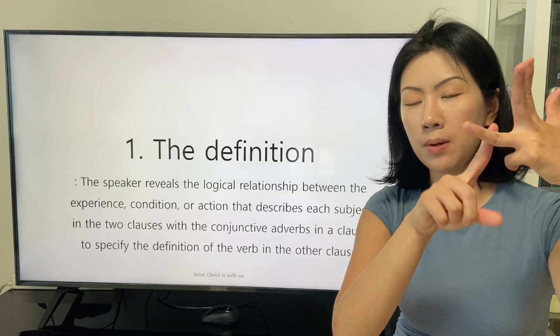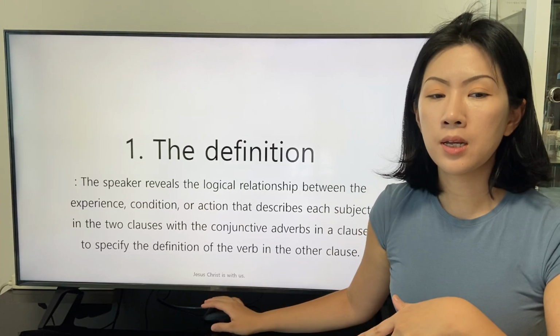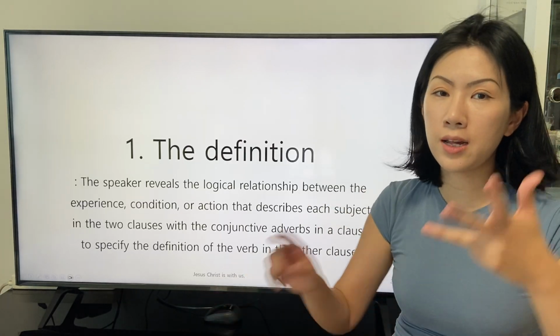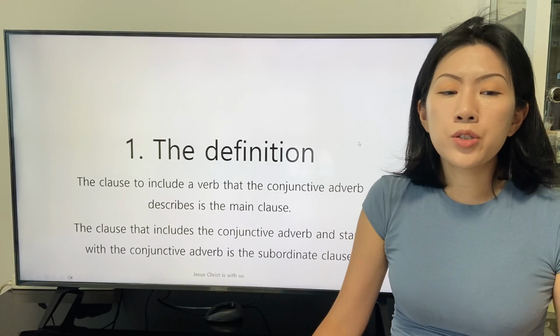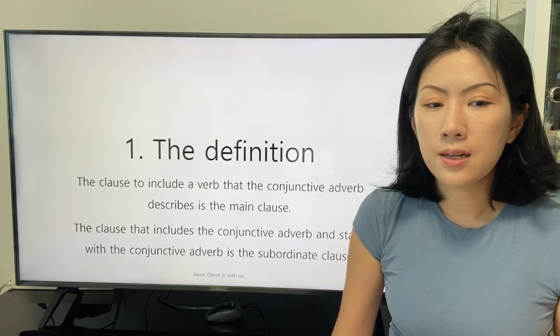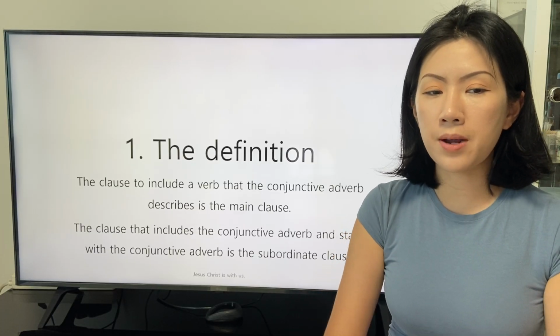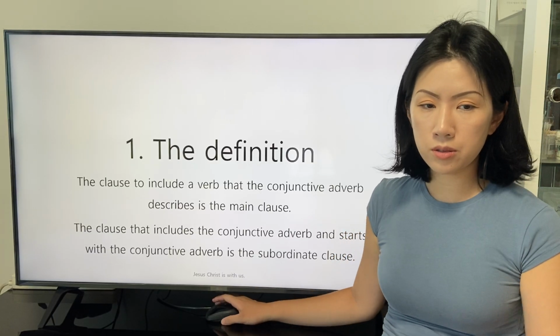This tells us about the conjunctive adverb. And this explanation also tells about the first case. The clause that includes a verb that the conjunctive adverb describes is the main clause.